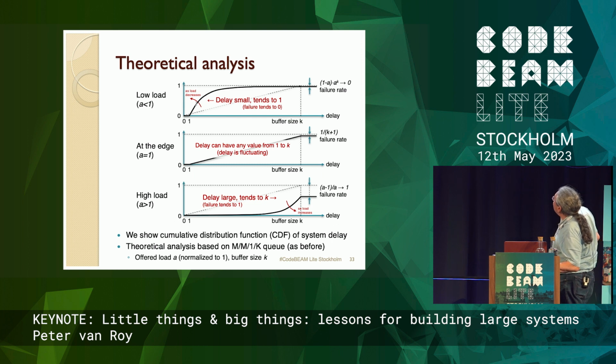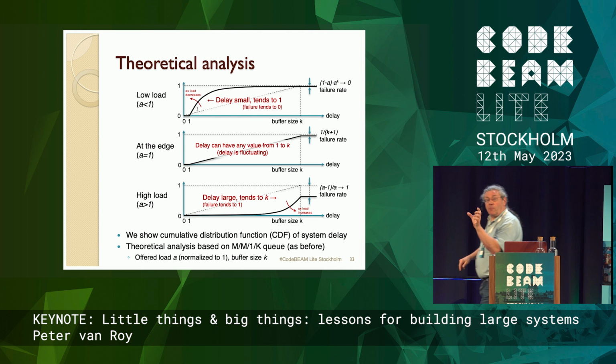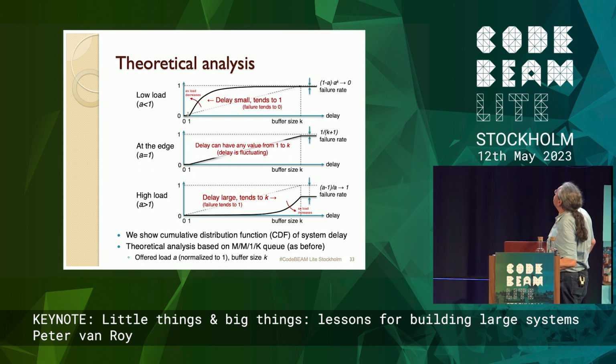So notice at low load, when it's less than 1, you have this negative exponential that pushes to the left. So the delay is very small, and it tends to 1. So 1 is the minimum delay, because the component has a server that takes 1 unit. So it goes to that. That's very good. The failure rate is very small. It's this number here, basically 0. And at very high load, again, things are predictable.